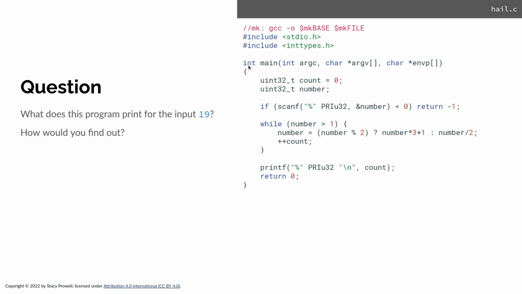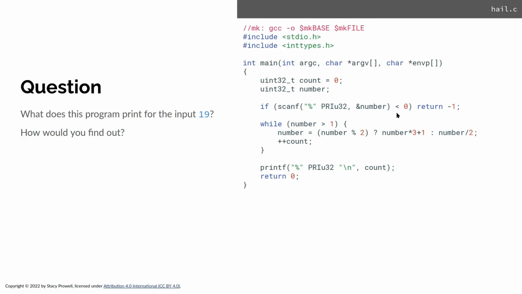So int main, argc, argv, and envp. If you've never seen the third argument there, on Linux and on Windows, you get passed a pointer to all of the environment settings as well. We'll see that in more detail later. So I've got a count that's 0. I initialize a number.